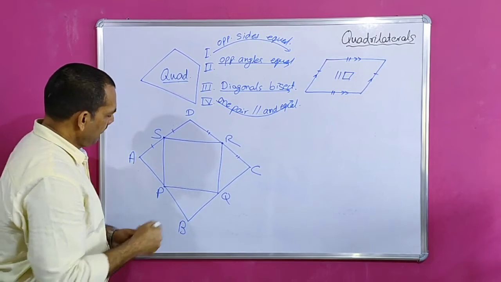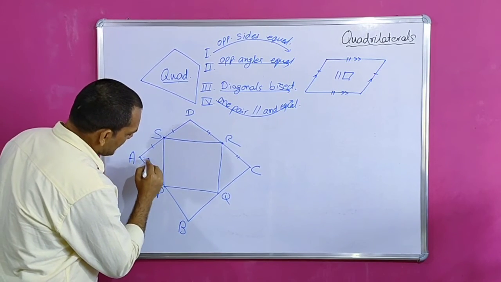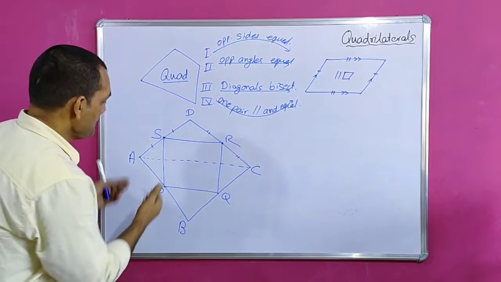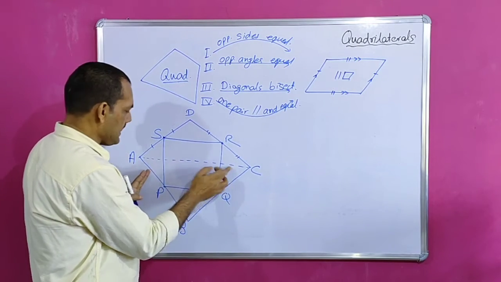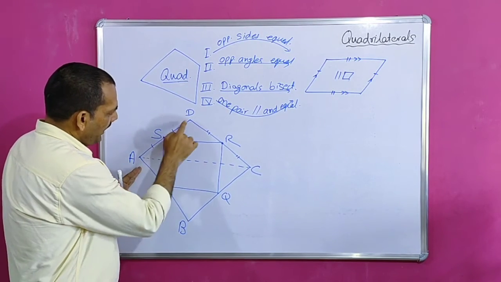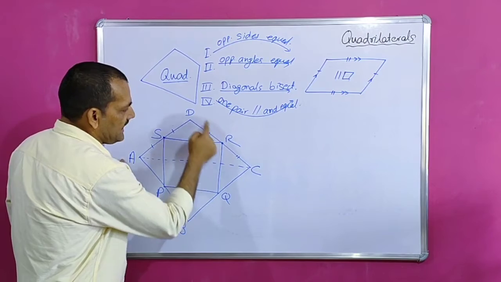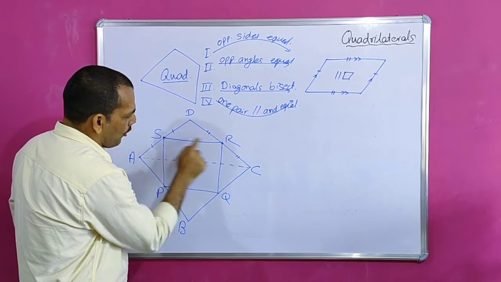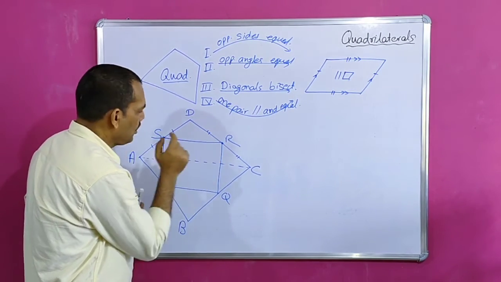Why? What we can do is simply join this line AC. Now, because we joined AC, in triangle ACD, the midpoints S and R of these two sides are joined.